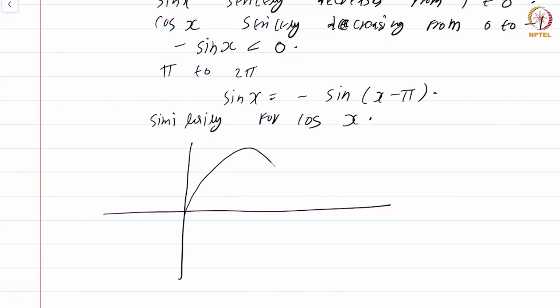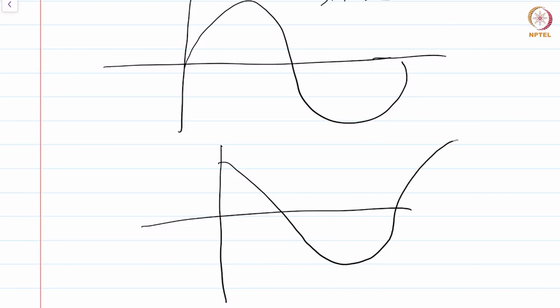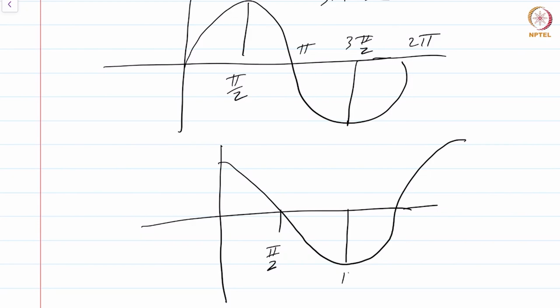This will be sin x and this will be cos x, roughly. So this will be pi by 2, pi, 3 pi by 2, 2 pi, and similarly pi by 2, pi, 3 pi by 2 and 2 pi.